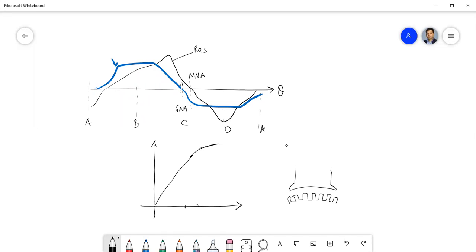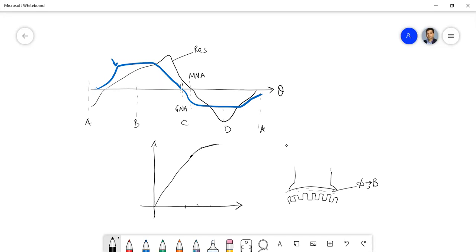Now in the air gap, how much flux density will be there? Flux is directly related to flux density in this particular case because the area is almost constant under the pole surface. So flux can be directly related to the flux density.